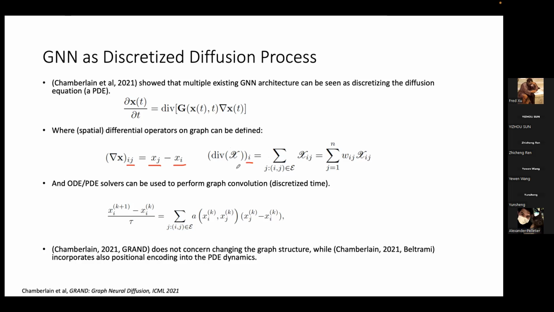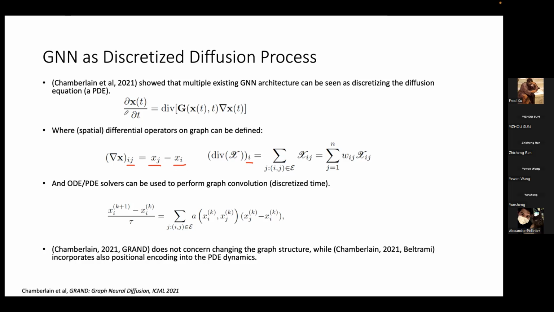Divergence in physics basically means the infinitesimal flux of some quantity into the volume. In the context of graphs, this translates to the messages you pass from the neighbors into the central node. So naturally, if we take this perspective, we can think about message passing GNNs as a special case of a discrete version of this diffusion process.